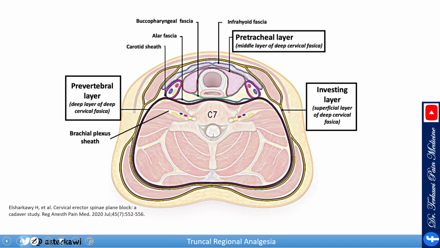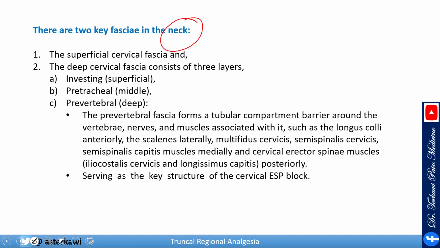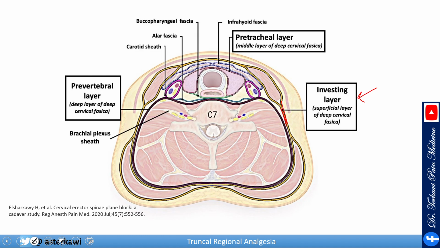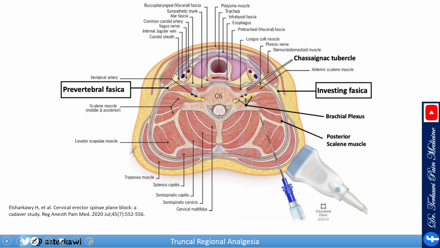The investing, which is the most superficial here, underneath that the pretracheal here, and the deepest is the prevertebral layer. This is important when we are doing interfascial plane blocks, especially the erector spinae, which we'll cover in its lecture.